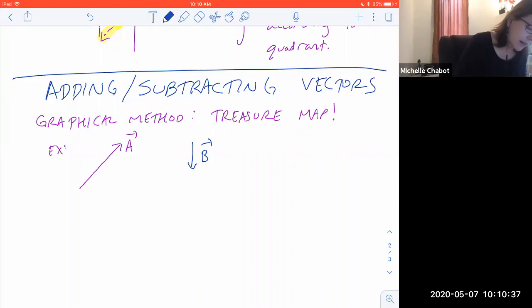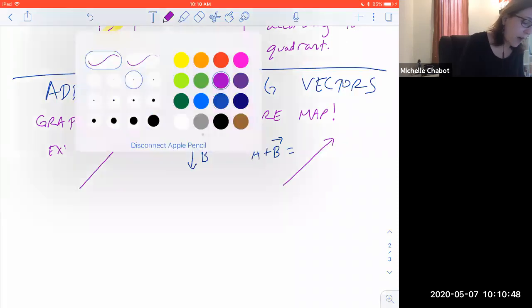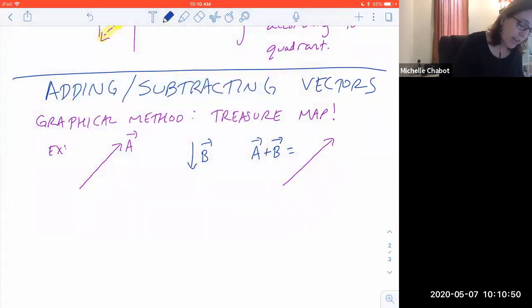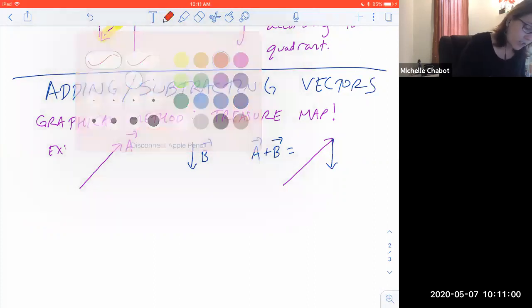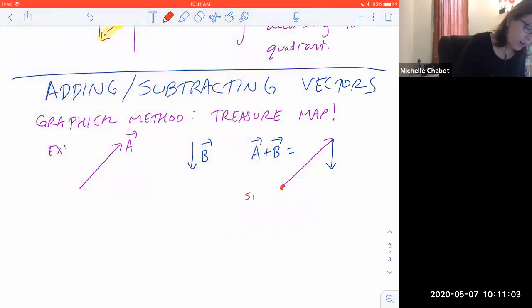In this case, I can say A plus B would simply equal my vector A plus, I walk along A, I get to the end of A, and then I walk however B looks. So I walk along A and then I walk along B. And so my final vector then is just the vector that points from the start to the finish point, and that is my vector A plus B.